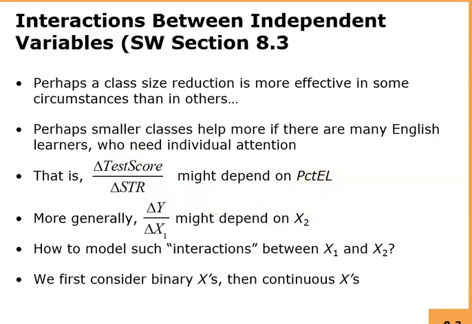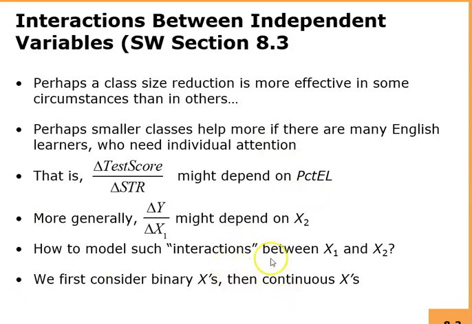If the economic theory driving this relationship is such that you believe that the percentage of English learners in the classroom might be affecting the relationship between student-teacher ratio and test scores, then interactions provide a way forward, and they give you a more accurate idea about how the relationship between student-teacher ratio and test score will be.